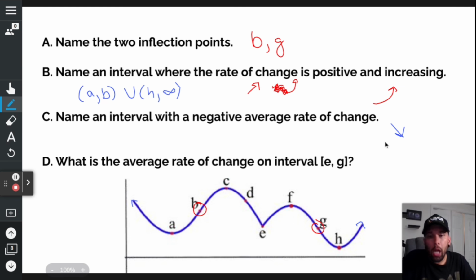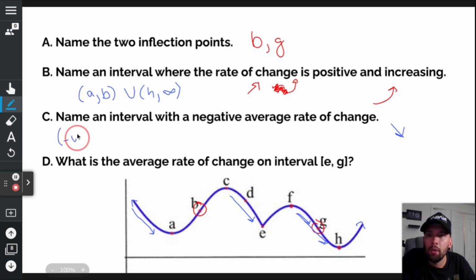And we have a bunch. Between C and E does that. Between F and G does that, and between F and H does that. So let's name them all. And technically, negative infinity to A does that. So for funsies, let's name them all.